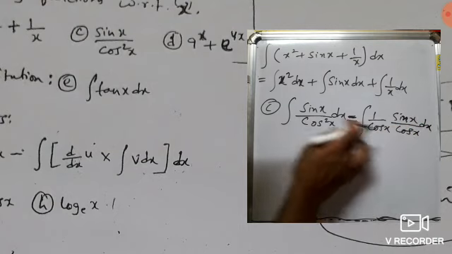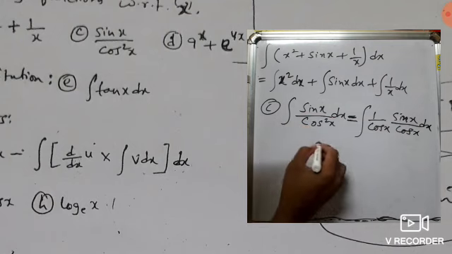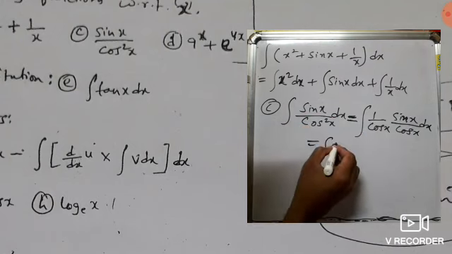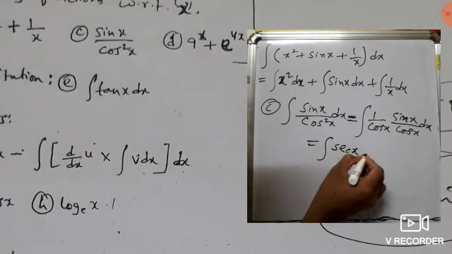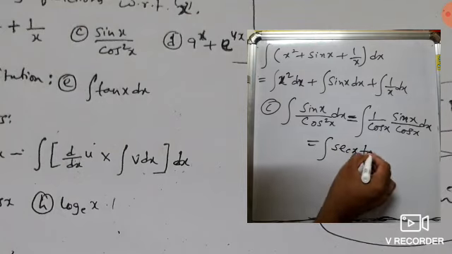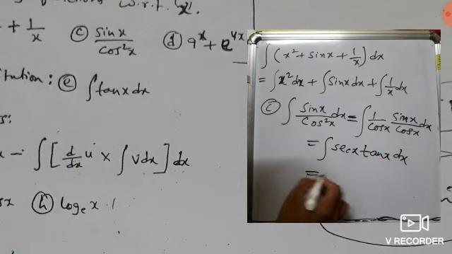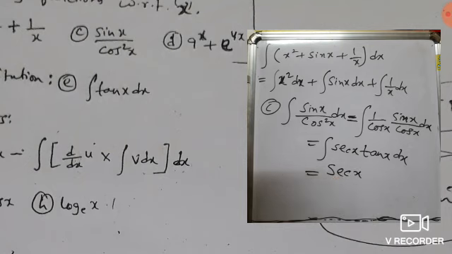So it will be sin x by cos x into cos x, cos square x. Now what is 1 by cos x? 1 by cos x is actually sec x, and sin x by cos x is tan x dx. Now the integration of sec x tan x dx you can see in the formula. It is actually sec x plus c. So this is the answer.